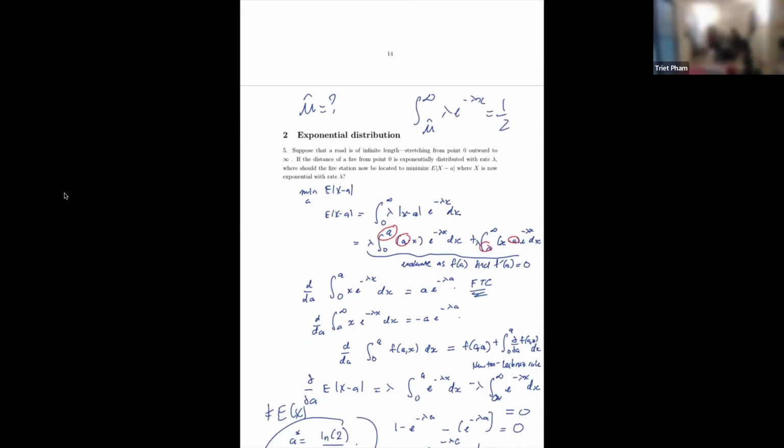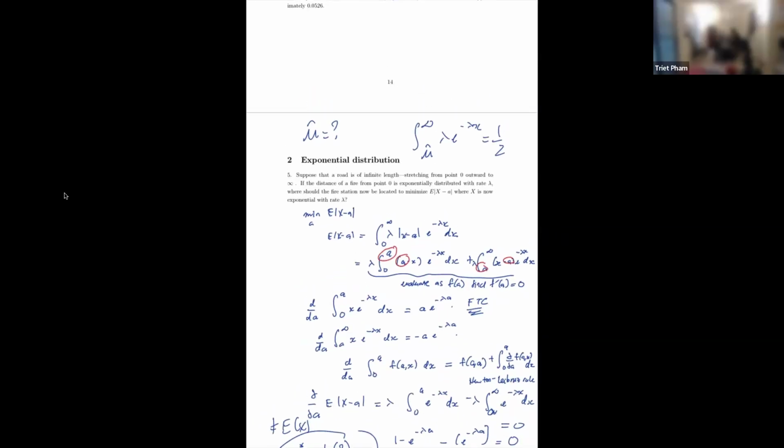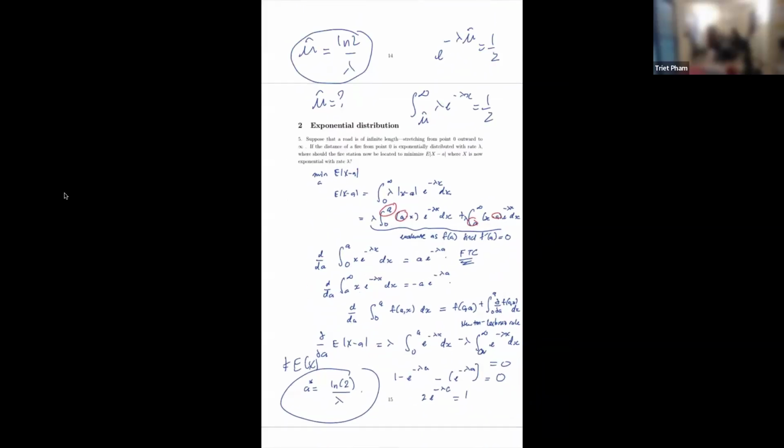But this means e to minus lambda mu hat is 1/2, or mu hat is log 2 over lambda. So that's the median. Any question?